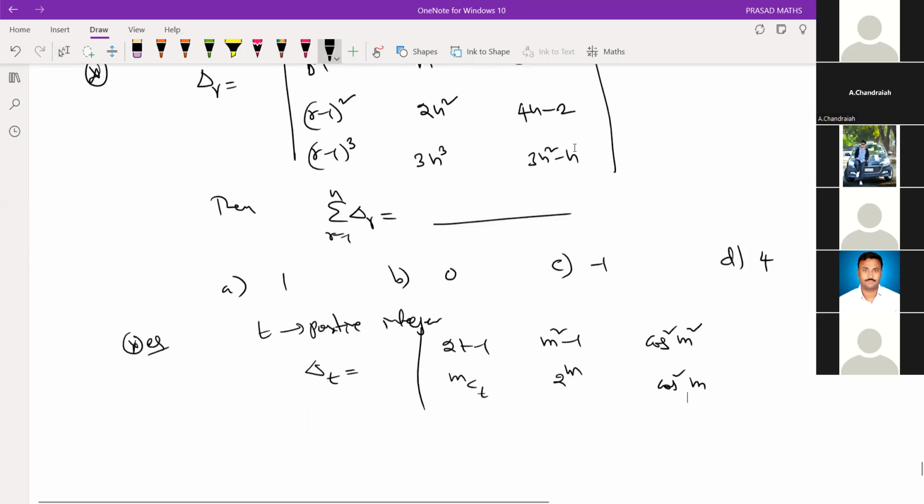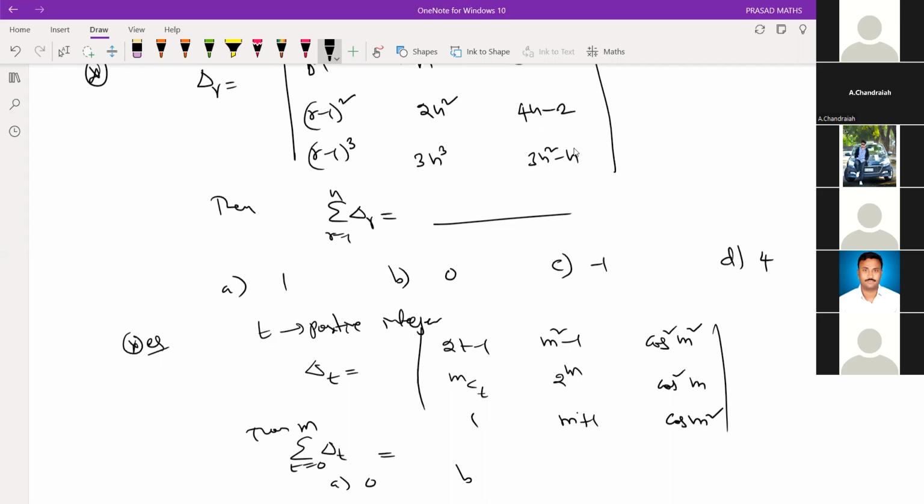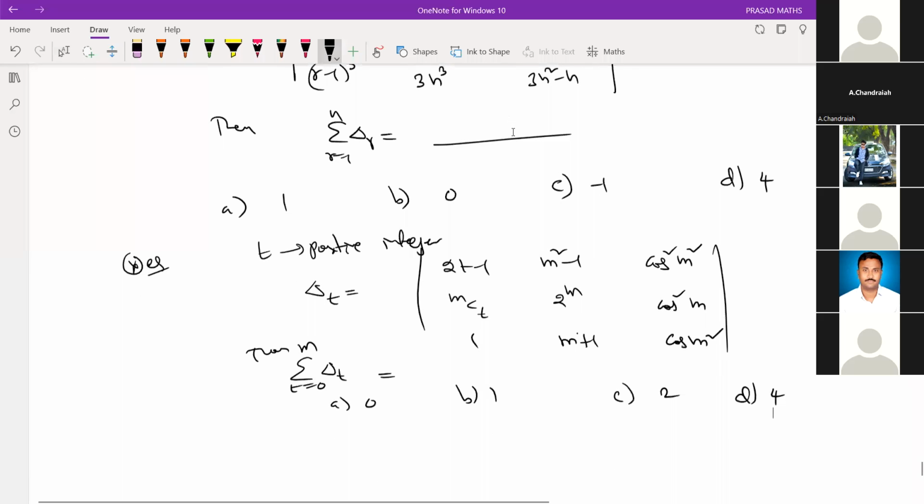Next is 1, m, plus 1. This is m plus 1. This is cos m square. Then sum from t equals 0 to m of del t equals: option A 0, option B 1, option C 2, option D 4. Right?